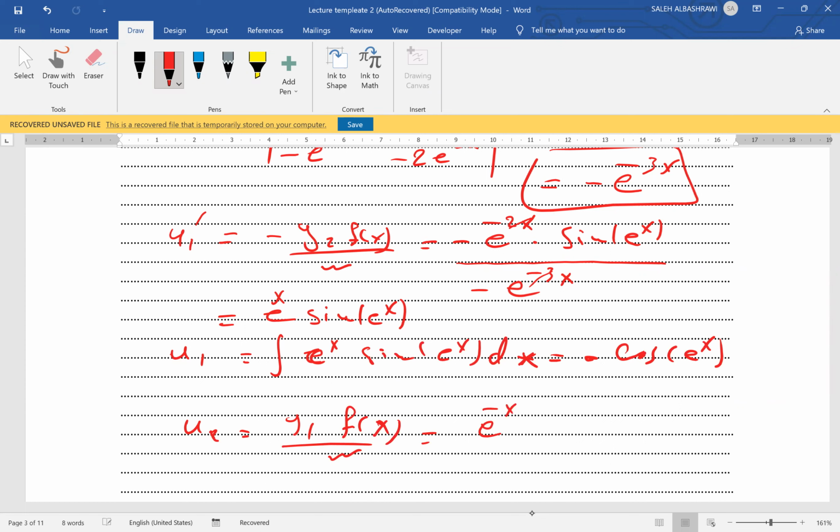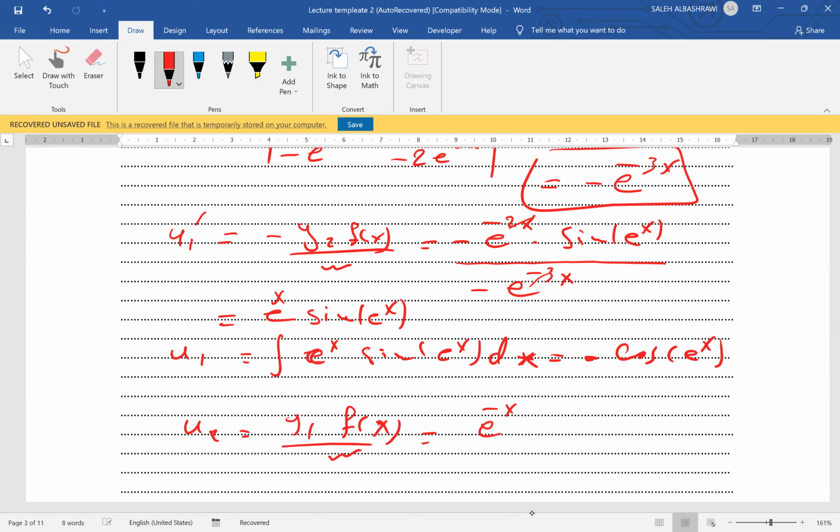So the integration for this will be minus of the bracket: the first term is minus t cosine of t, and then plus sine of t. Since t is e to the power x, this can be written as plus e to the power x cosine of e to the power x, plus sine e to the power x. This is u2.